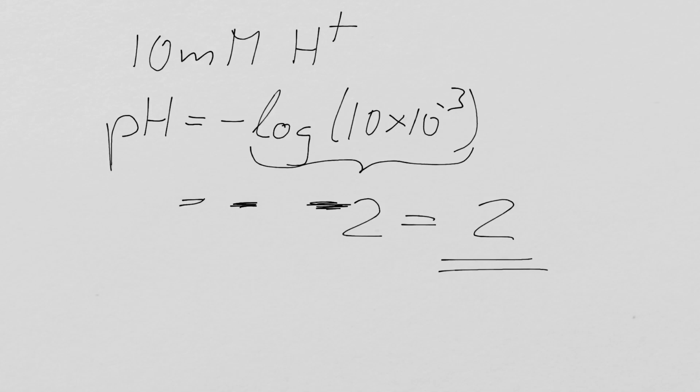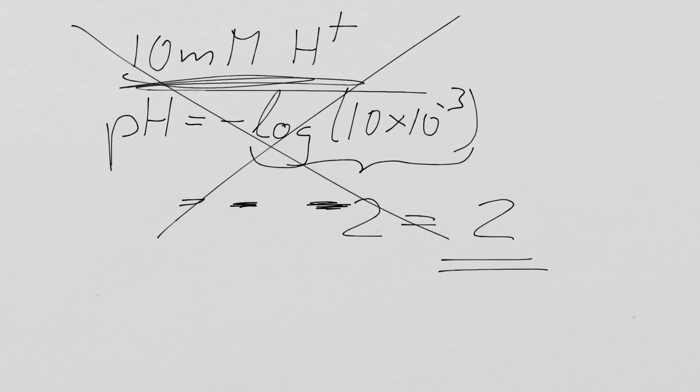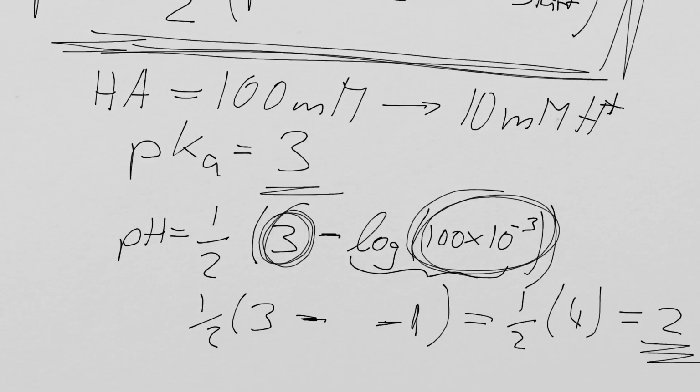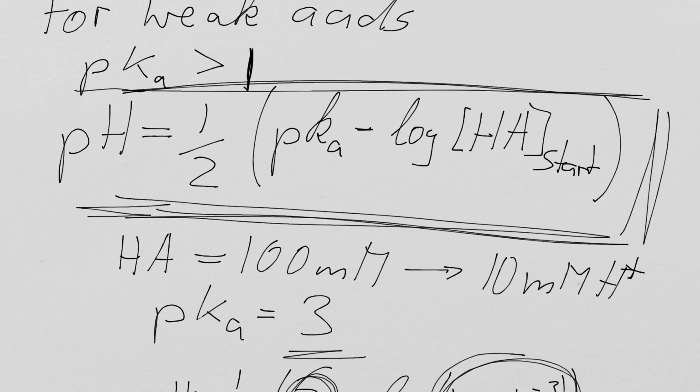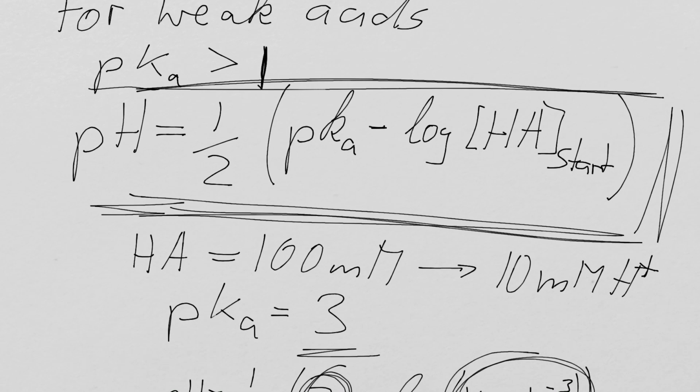But what if we don't know how many of these protons are actually produced? Fact is, we can't use this. And we have to go back to our beautiful equation for weak acids, which is this one here. Yeah?